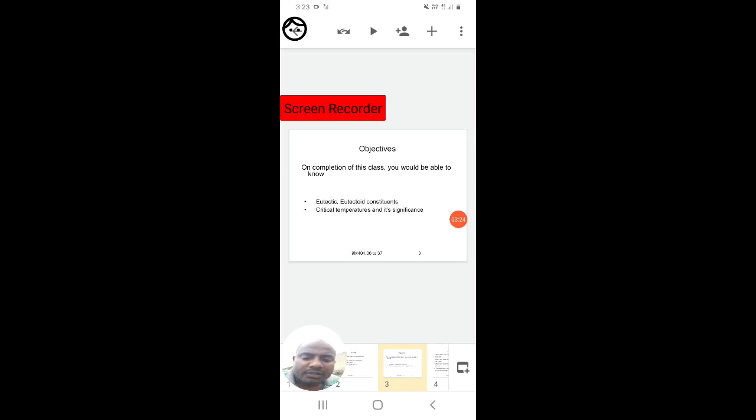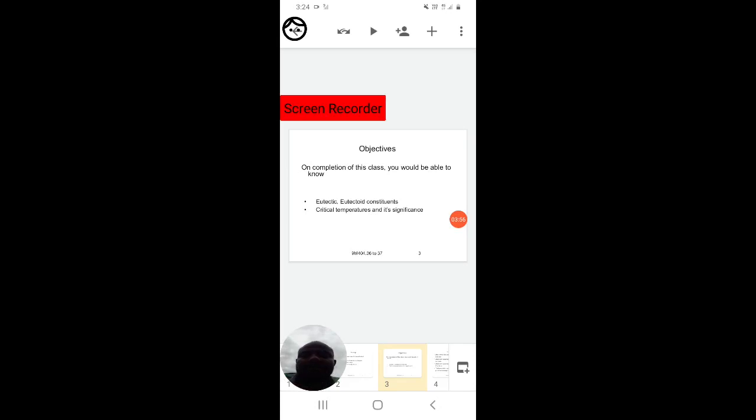What type of components and phases are obtained at a given temperature versus composition is all evaluated by using the iron carbon equilibrium diagram.